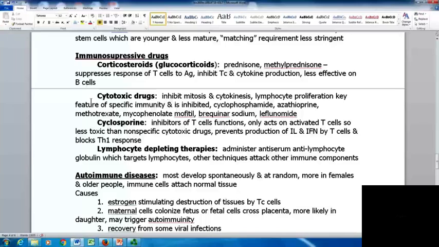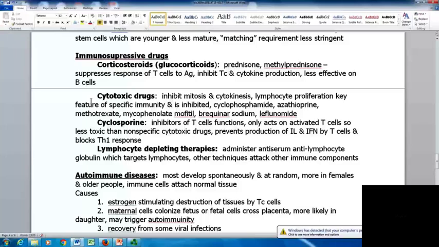Cyclophosphamide, azathioprine, methotrexate, mycophenolate mofetil, brequinar sodium, and leflunomide are some examples of these. Cyclosporin is a drug that's an inhibitor of T cells, and it's going to act only on the activated T cells, so it's less toxic than the non-specific cytotoxic drugs.